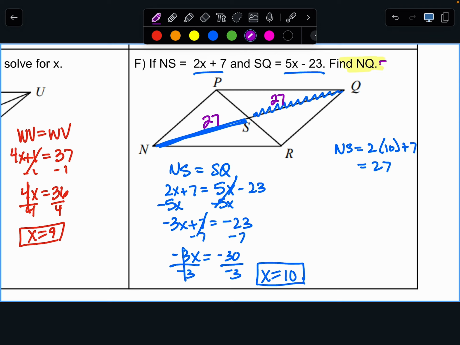So NQ equals NS plus SQ. 27 plus 27, 54. I could also plug it in here. 5 times 10 minus 23 equals 27. However you get to that, either by substituting or by knowing that the diagonal pieces are equal, either way works.